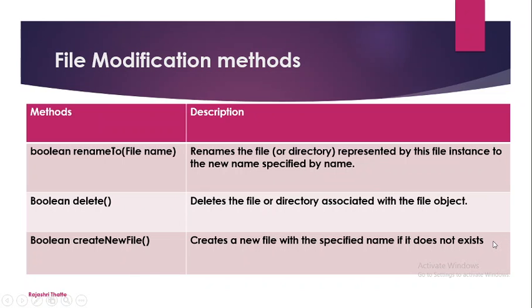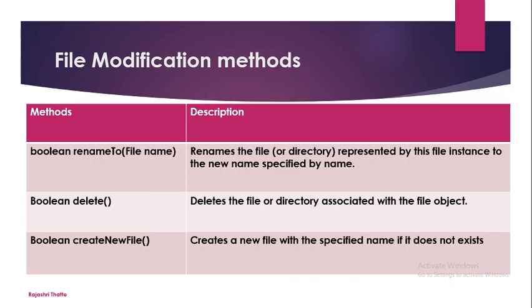See, suppose I am using f2. The f2 object is created as f2 equals new File, and in brackets we had written d:/bcs and the file name abc.txt. Let us consider that the file abc.txt is not available on my system, and with this file name I want to create a new file.